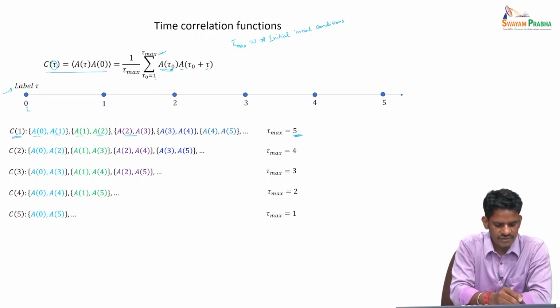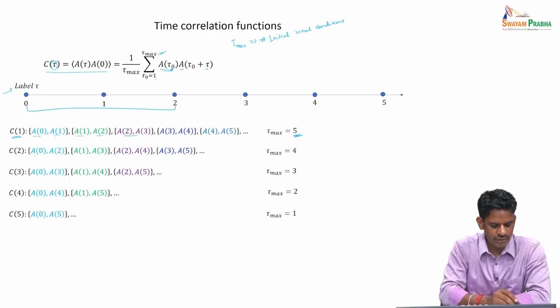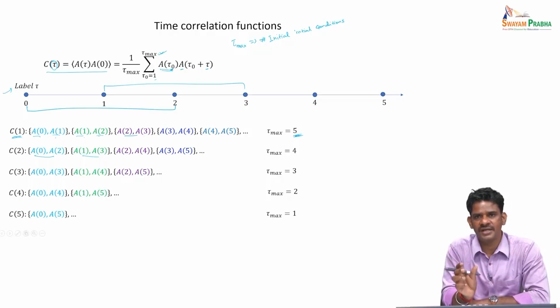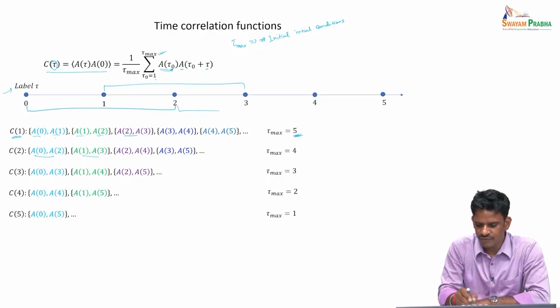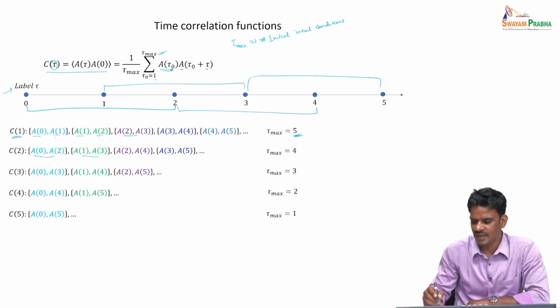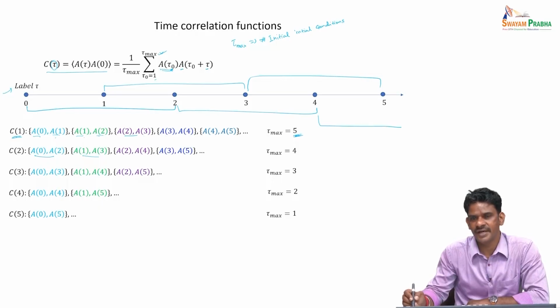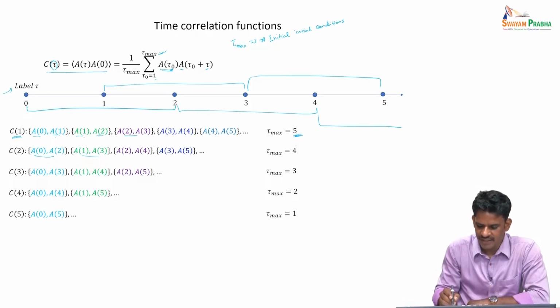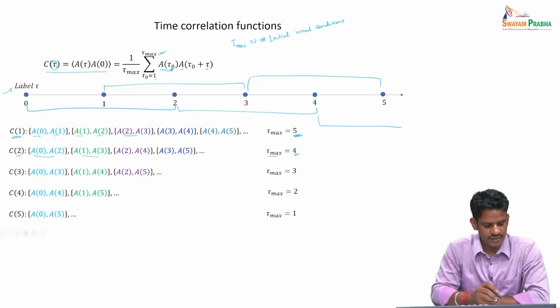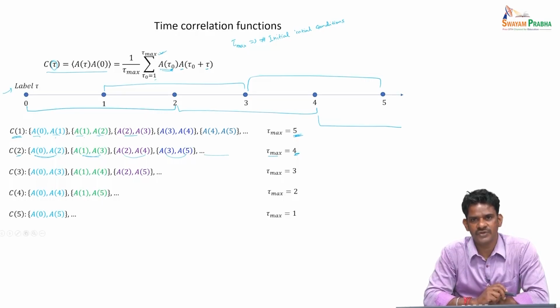I can take A0 and A2, delayed by 2 tau, then A1 and A3, also separated by 2 tau, then A2 and A4, and then A3 and A5. I cannot take A4 onwards because I don't have A6. So for a delay time of 2 tau there are only 4 contributions: A0, A2, A1, A3, A2, A4, A3, A5, and nothing beyond because we don't have A6.